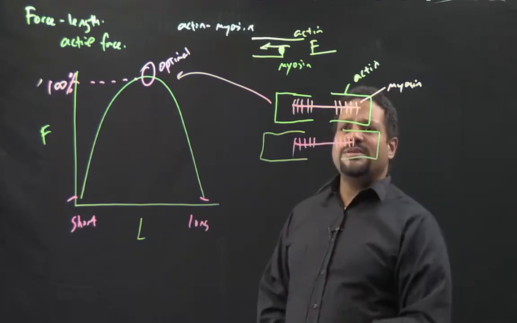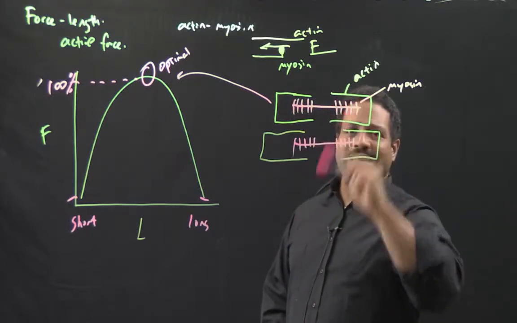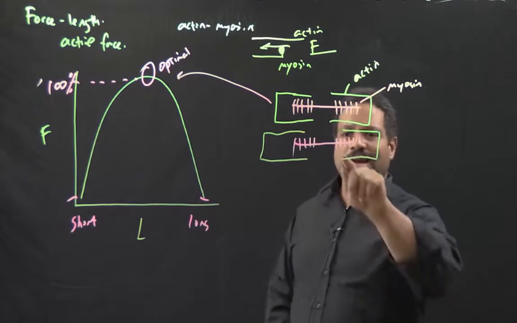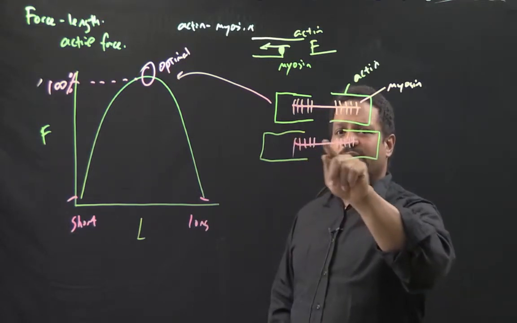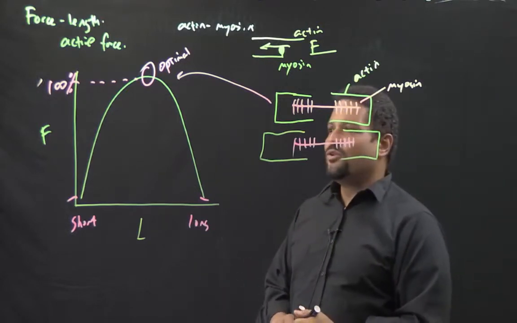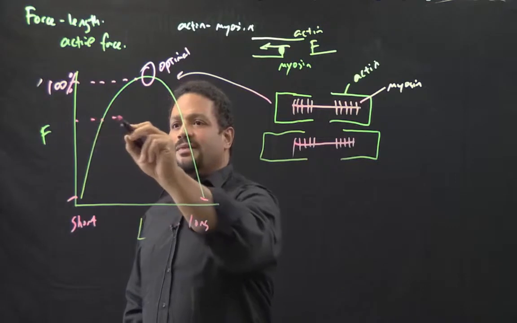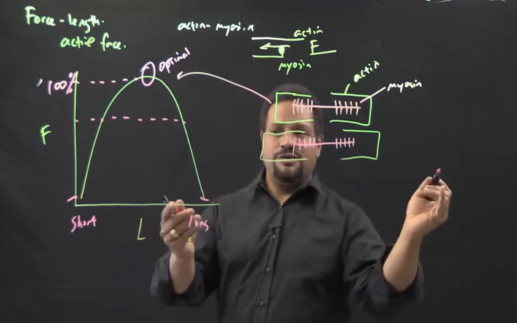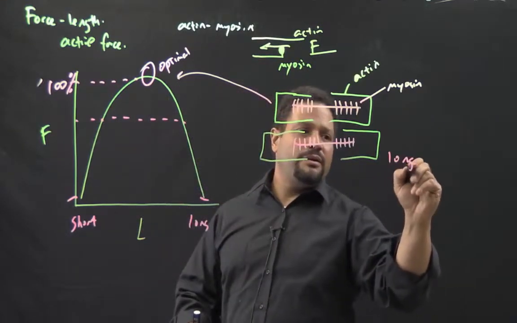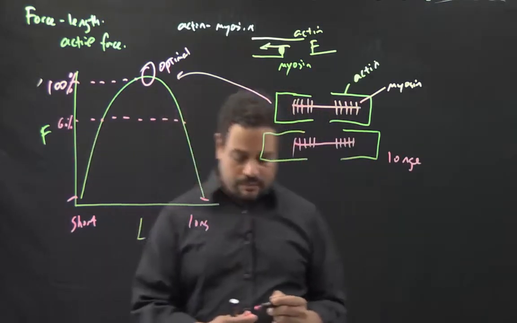So if this is 100%, and we've got 1, 2, 3, 4, 5, 6, 7, 8, 9, 10 interacting. Here we've got 1, 2, 3, 4, 5, 6. 6 of the total amount can interact. Therefore, at this longer length, we will be getting 60% interaction.